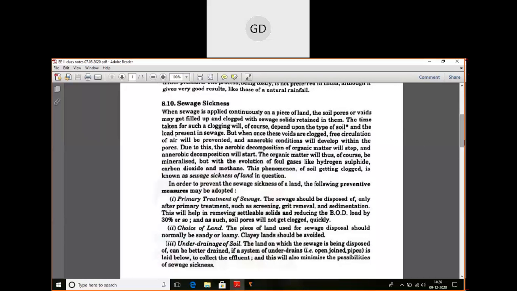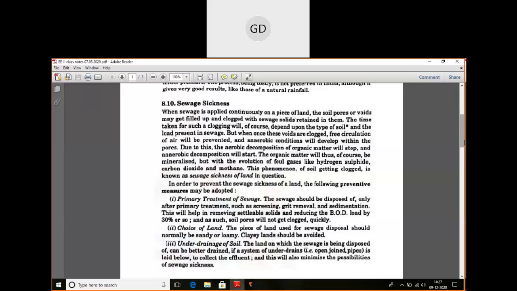This is obvious, because if you keep adding anything continuously, it will get filled up at one time. In the same way, when you go on applying sewage on a piece of land, the soil pores or voids will get filled up and clogged.